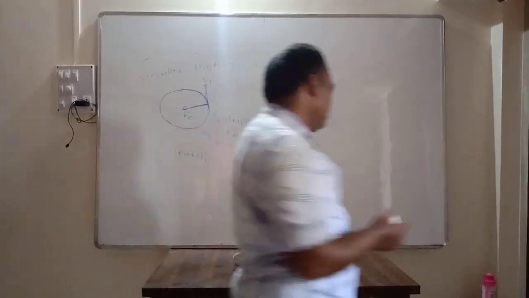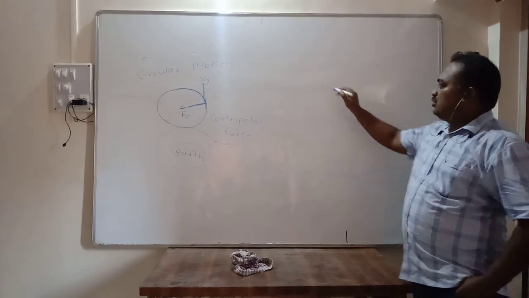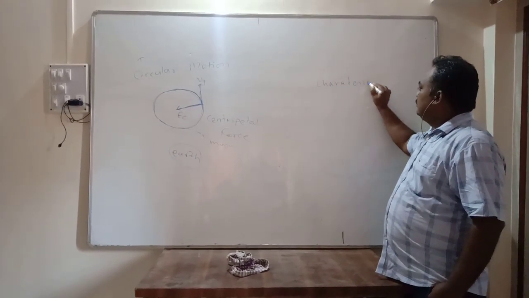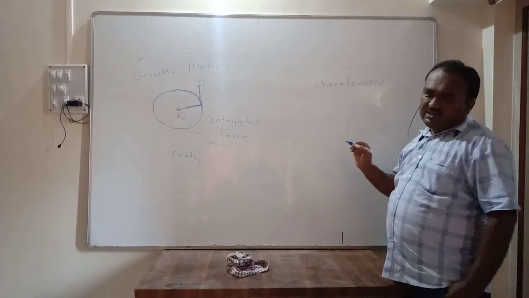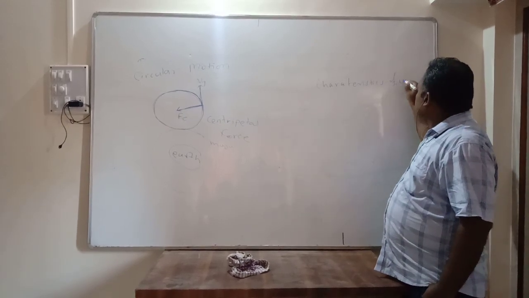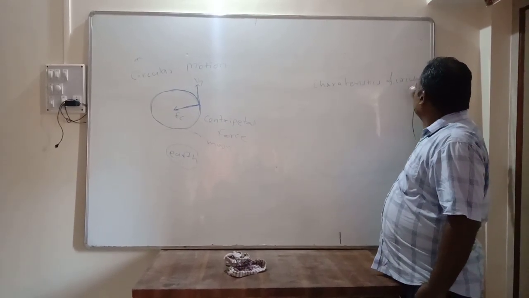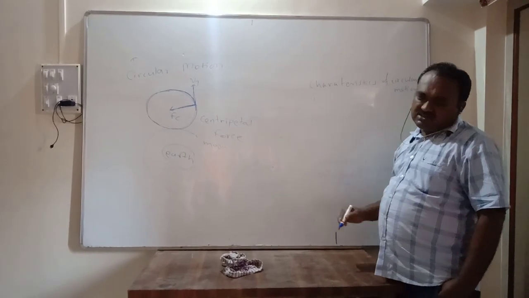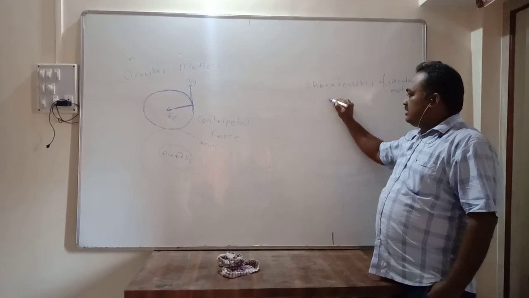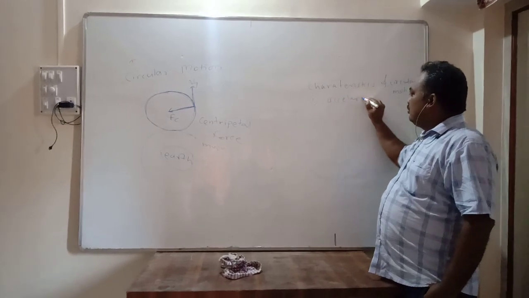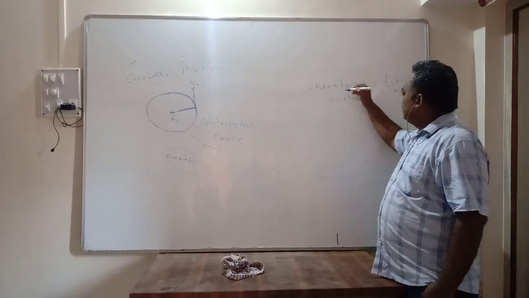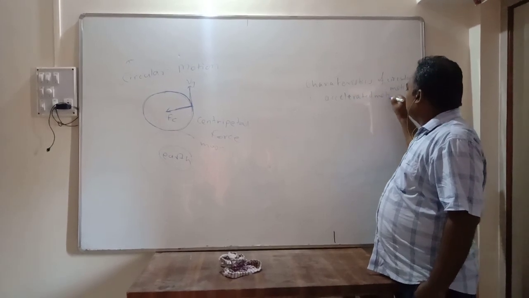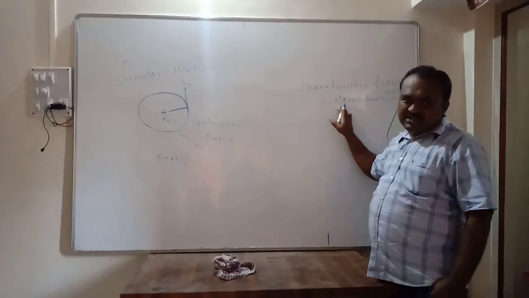Then next, characteristics of circular motion. First characteristics, it is an accelerated motion. Why it is called as accelerated motion?